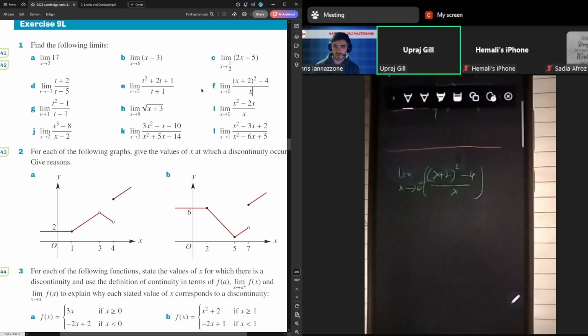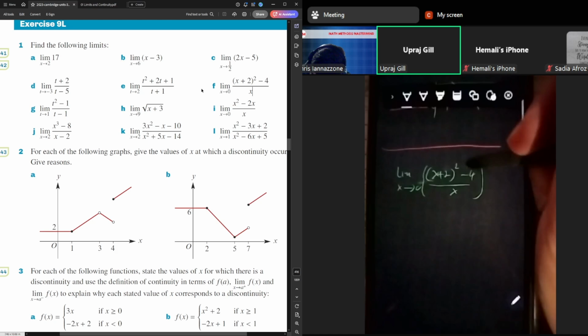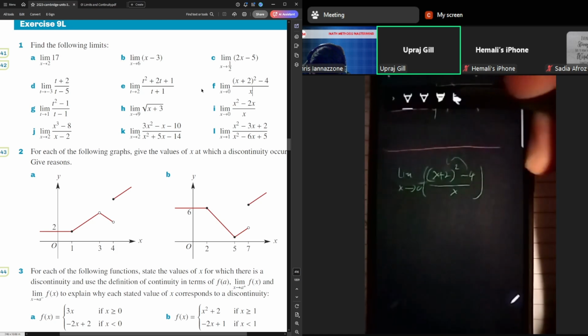Like make it x plus 4 times x? Like, as in you square root it and then you bring it back in?